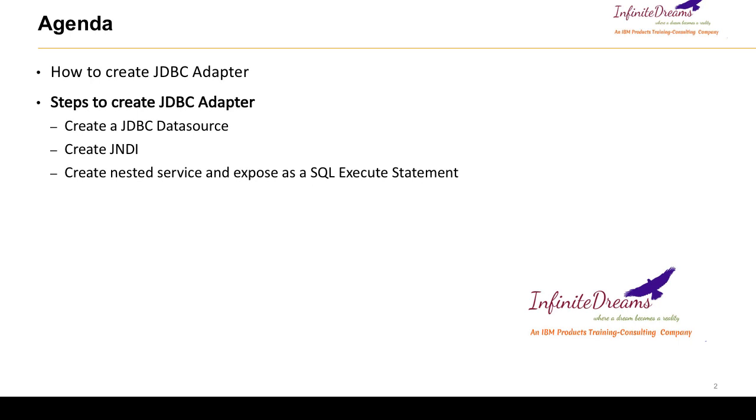The third step you do on the BPM side, in IBM BPM Process Designer: you create a nested service and expose it as a SQL execute statement, and there you provide your JNDI detail. The first two steps, create a JDBC data source and create JNDI, you need to do in the IBM admin console. So let's do it.